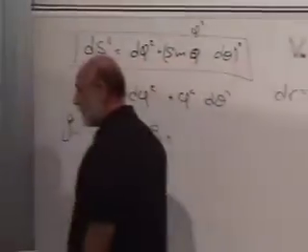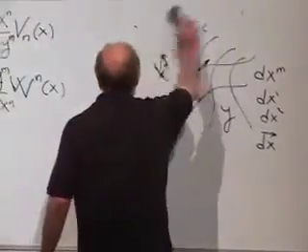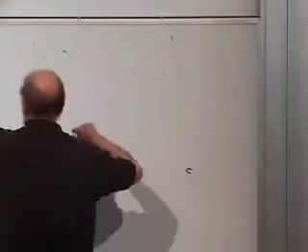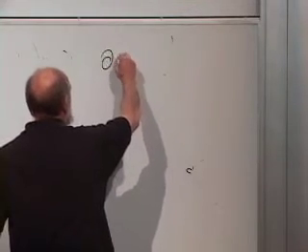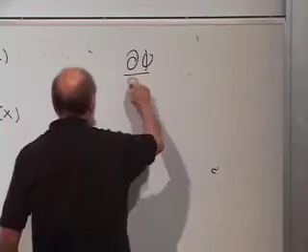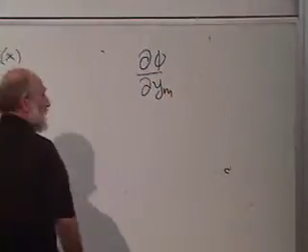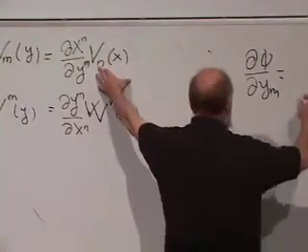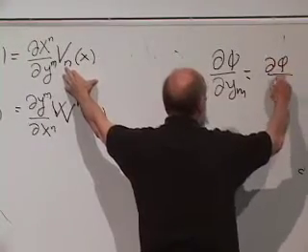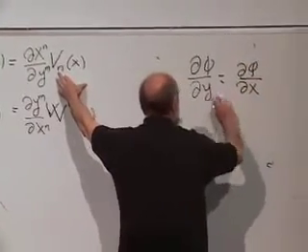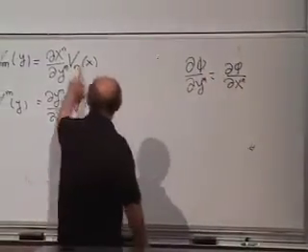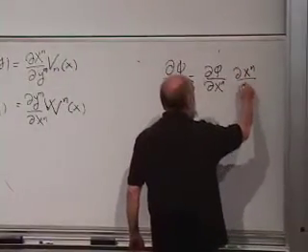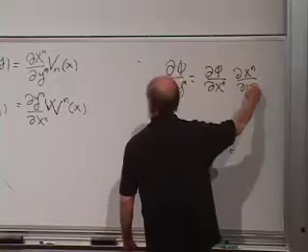Let's just see. If the vector we're talking about is a gradient, then this equation just says that the partial of phi with respect to y m, that's the left-hand side here, because v is a gradient, is equal, on the right-hand side, to the partial of phi with respect to x n, that's this object, times dx n by dy m.